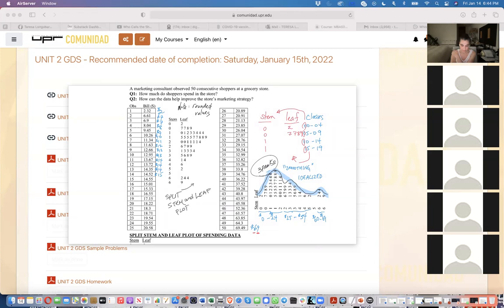It's split because the intervals are by 5. Let's say they are not by 10.